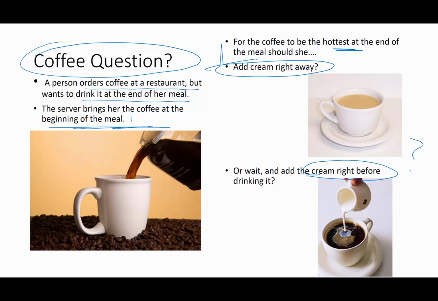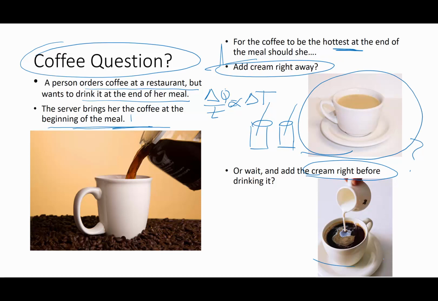What do you think is going to happen, based on the rate of heat loss being dependent upon the temperature gradient? Now, believe it or not, I have had dozens of students through the years who have actually done this. They've gone to a fast food restaurant, gotten two identical cups of coffee, taken a thermometer with them, and done this experiment. And every single time, this one is hotter at the end than this one.